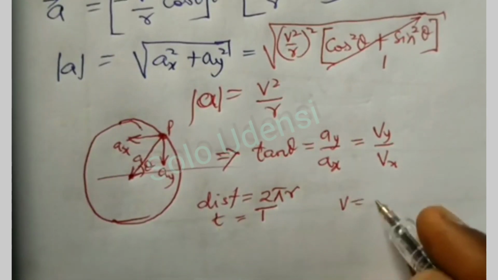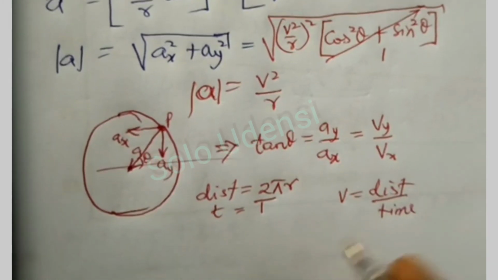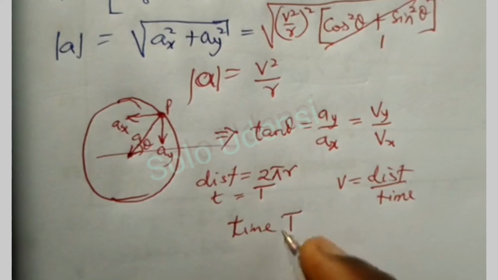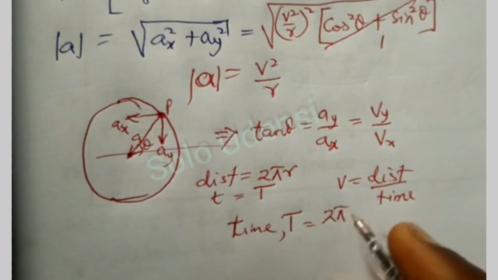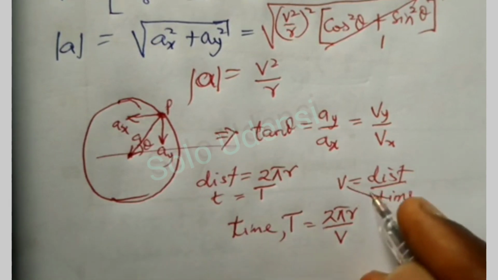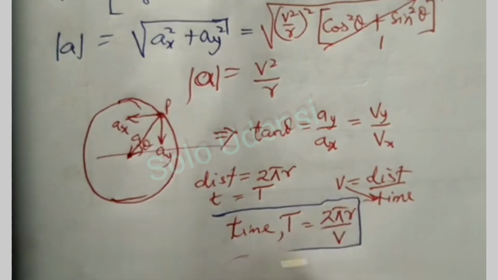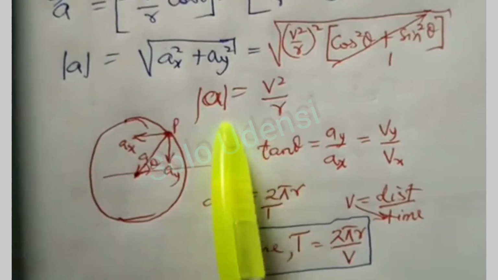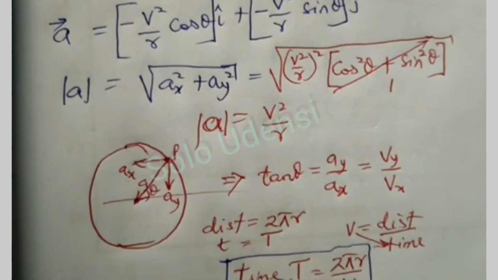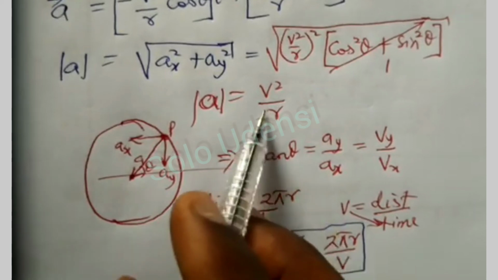If we use v equal to distance over time, the period is equal to 2 pi r over v. So that is how to do this type of problem. We have shown that a is equal to v squared over r. Remember, we have been quoting this from high school, but now we have seen how to get it.